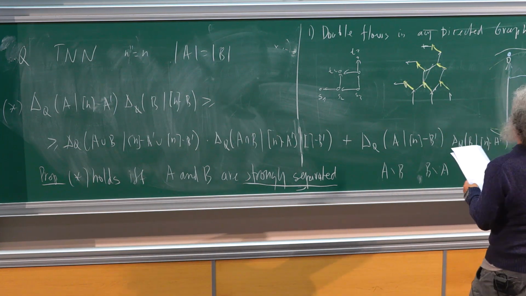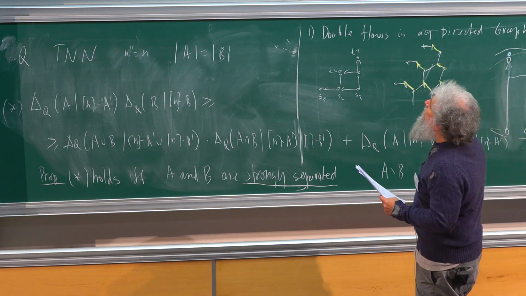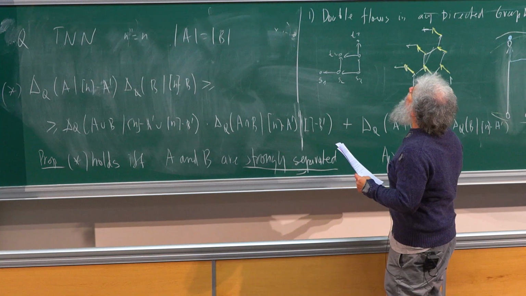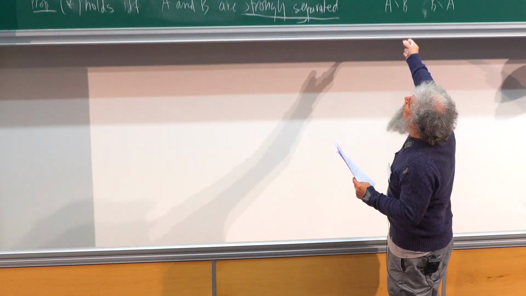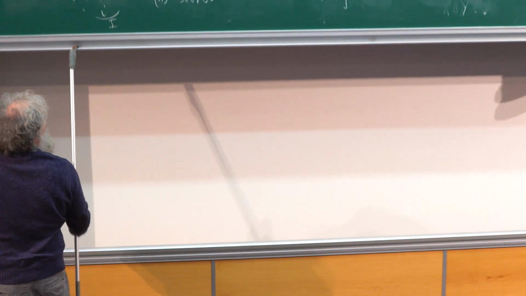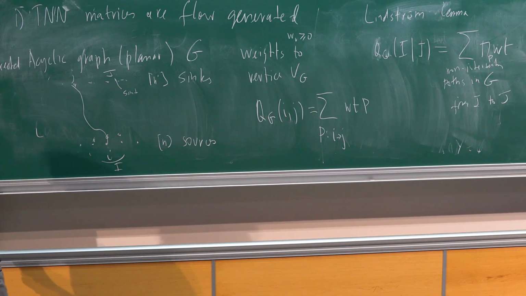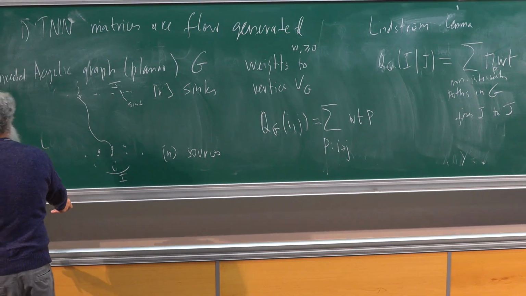as I told you earlier, the Jacobi-Trudi matrix is totally non-negative. So if we apply the universal quadratic inequality to Jacobi-Trudi, we get some inequalities on Schur functions.